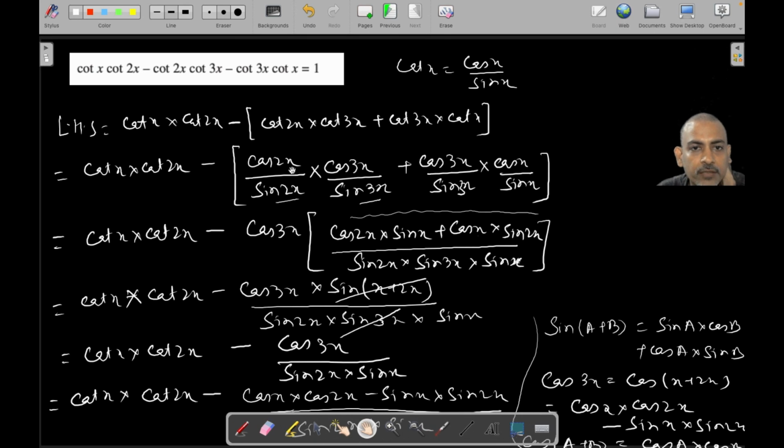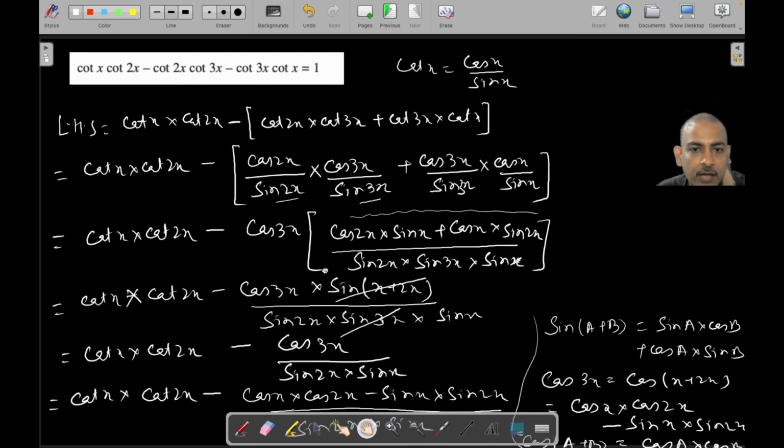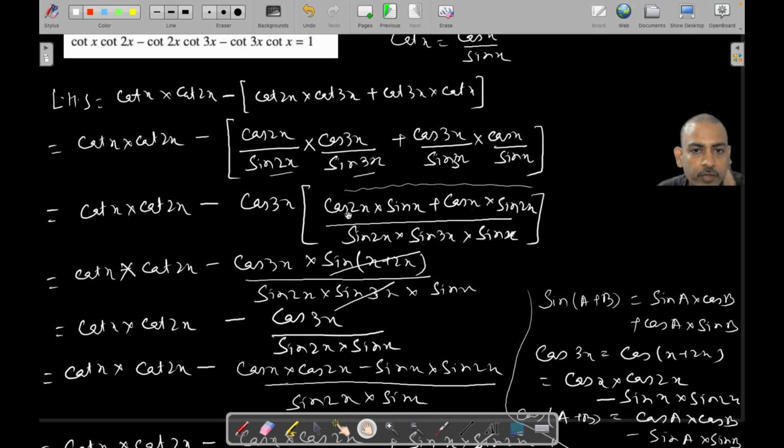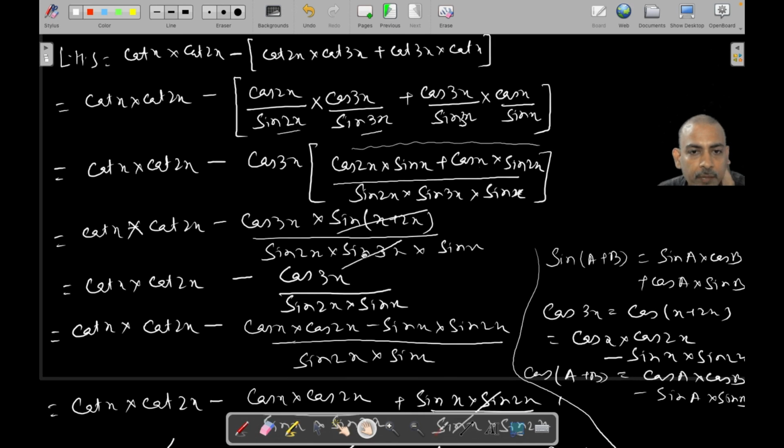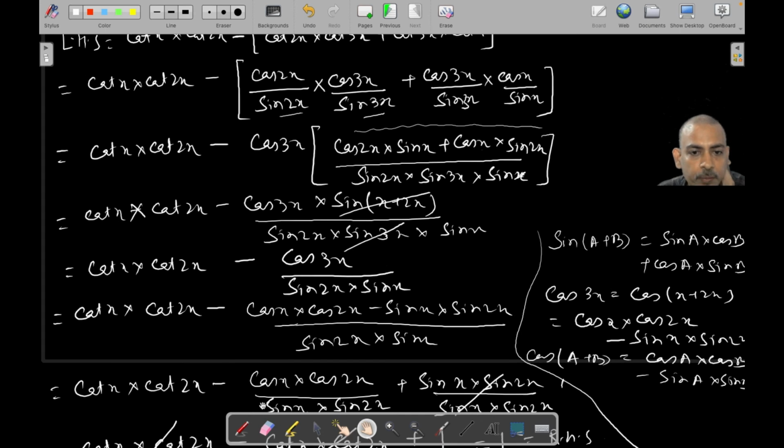We knew that if we reduce it to cos A into cos B or sin A into sin B kind of a form, then I will have something to work with. When we did that, something got cancelled, and we were left with cos of 3x divided by sin 2x sin x. My rest of the terms were in x and 2x, but cos 3x was still in terms of 3.